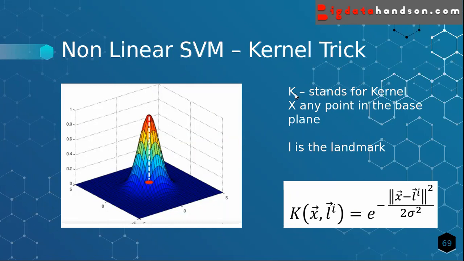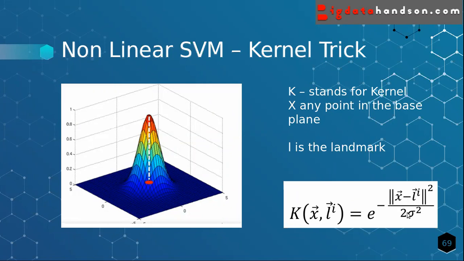K stands for kernel, x is any point in the plane, and l is the landmark. The equation for the RBF kernel is K of x comma li equal to e power minus modulus of x minus li whole square divided by 2 sigma squared.